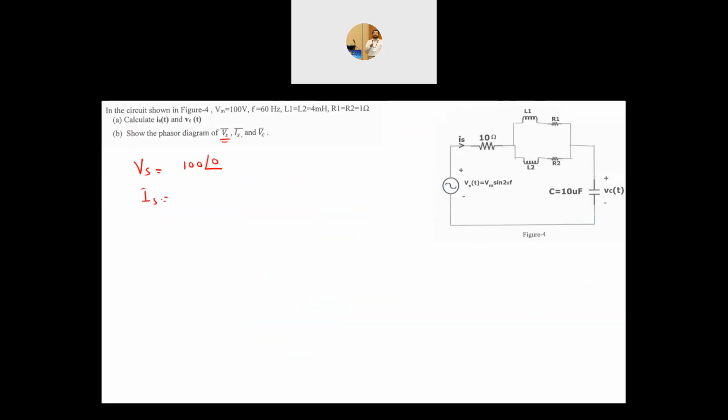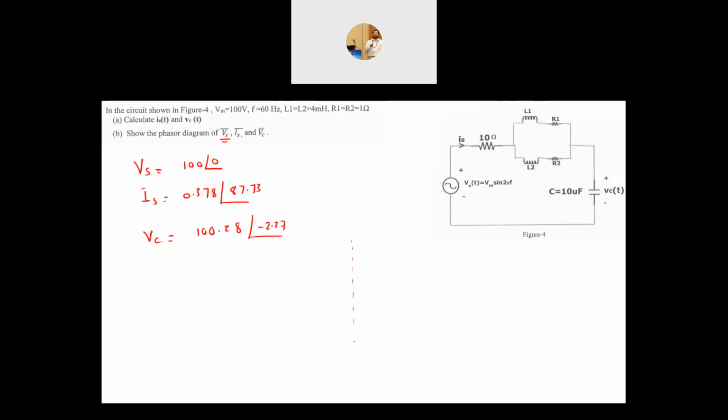Your IS is basically equal to 0.378, angle of 87.73, and your VC is equal to 100.28, angle of minus 2.27. Now to draw this, VS is a vector, magnitude 100.